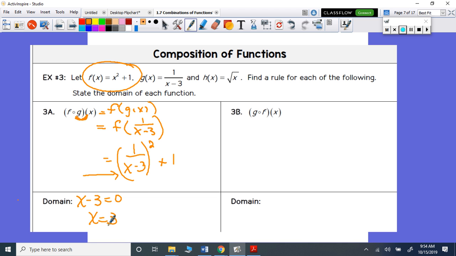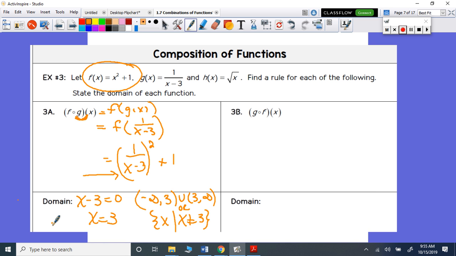Therefore, our domain is negative infinity to 3 and 3 to infinity in interval notation. In set builder, and you can use whatever, as long as I don't specify, all real numbers x such that x can't be 3. Either or. But that's not hard as long as you understand what the composition means.